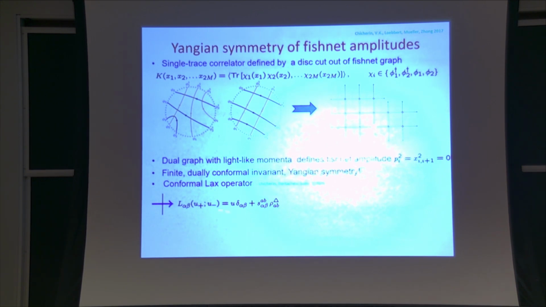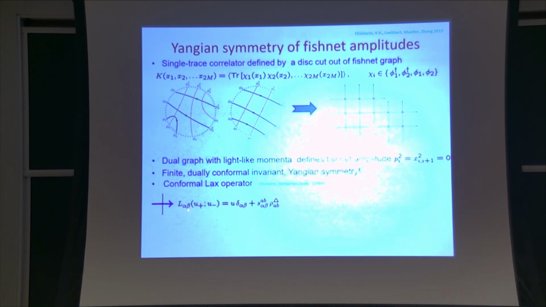so the dream about the full N=4 Yang-Mills comes true here because of the simplicity of this limit. So you can analyze a particular graph. What you do, you introduce a conformal Lax operator.